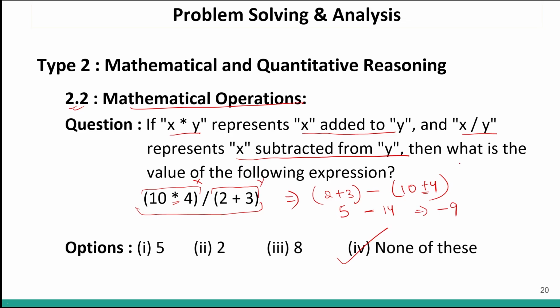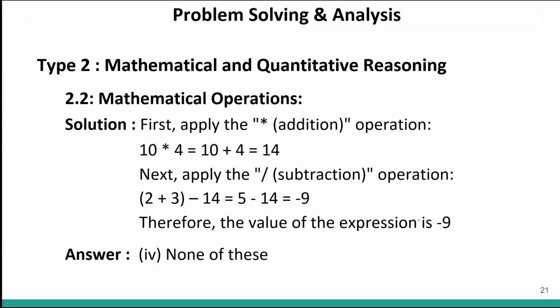Then it was given to us that x divided by y means x is subtracted from y. That means y minus x. So if I write y minus x, I will write 2 plus 3 minus 10 plus 4, correct? So this will be 5, this will be 14, and the answer will be minus 9, which is none of these. Okay, so here is the solution.